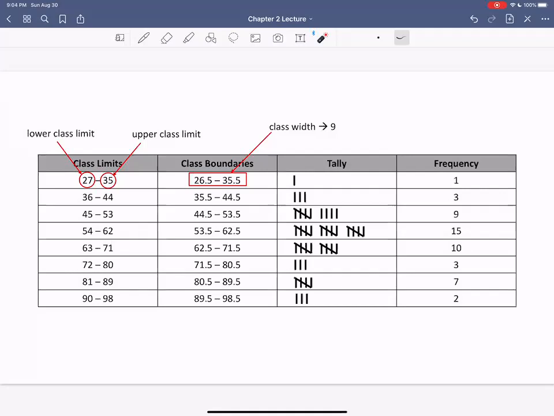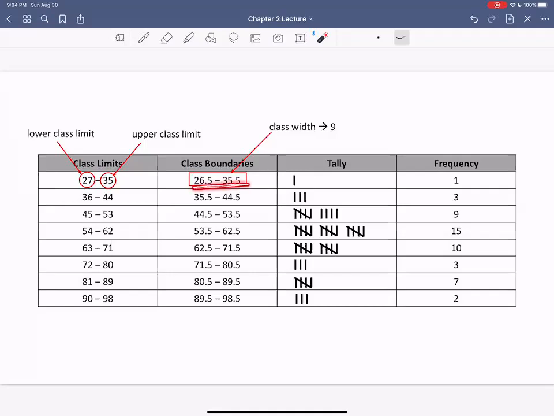So if we have all whole numbers, this would represent our class limits. The class boundary goes a little below and a little above, because we always go one more decimal place. The reason for that is if I have a piece of data that says 35, you don't really know exactly where it lies sometimes, right?